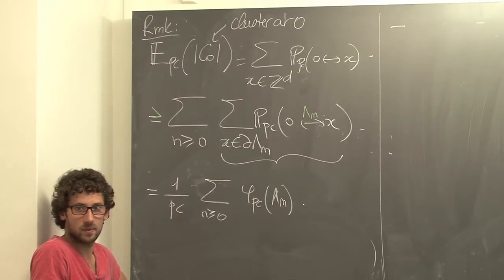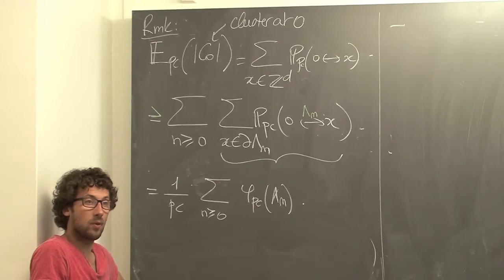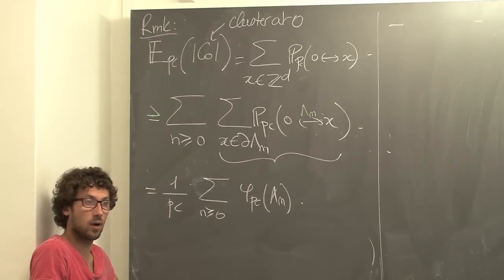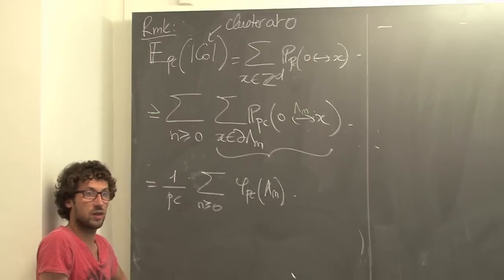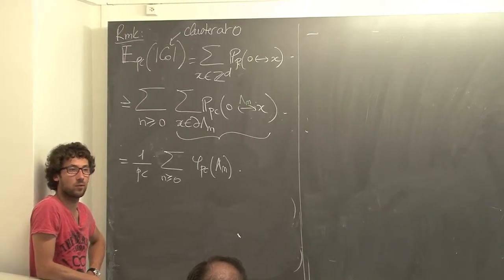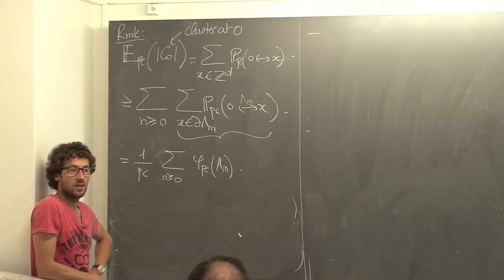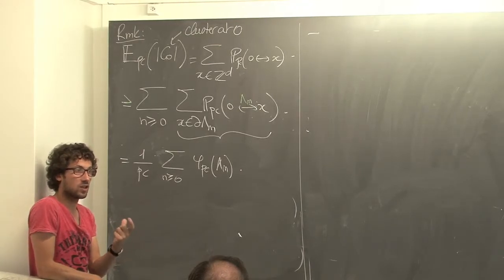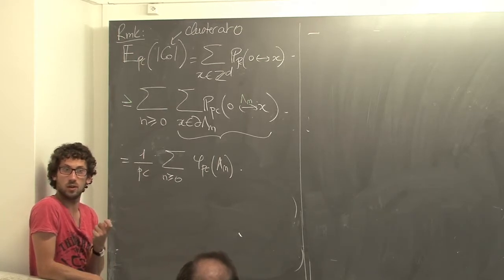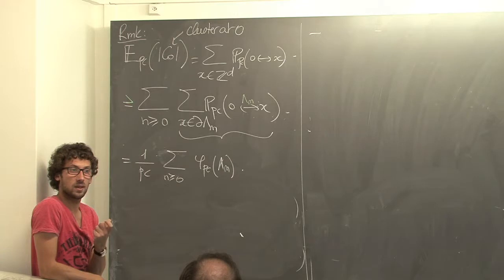At PC. So remember, I proved that PC is equal to PC tilde. PC tilde was the infimum of the P for which phi P of S is larger or equal to 1 for every S. This property of having phi P of S larger or equal to 1 for every S, is it an open or a closed property of the parameter P?